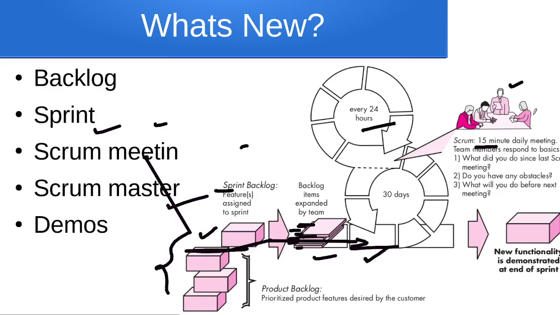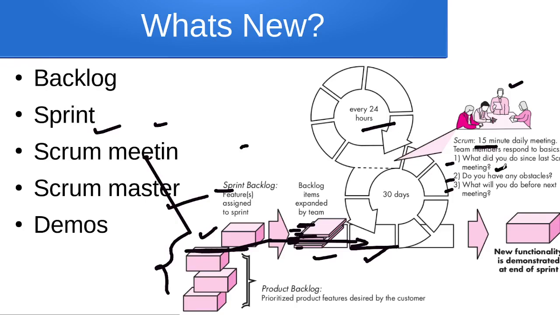So, a Scrum Master will be there and these members will be there, right? This will be a 15 minute meeting, typically. It may change, less or more also. This meeting will be held daily and there are 3 basic questions which will be asked. What did you do since the last Scrum meeting?